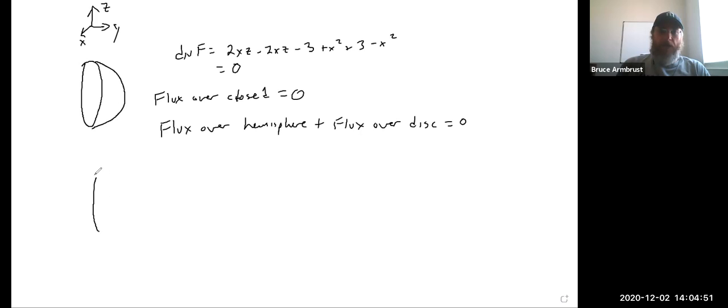So here's our disk. We need the vector to be pointing to the left, because we want to have outwardly pointing vectors. Right, didn't it say that the arrows were pointing away from the origin? So if they're pointing away from the origin on the hemisphere, that means they're pointing this way. So they're pointing outward, which is to the left.